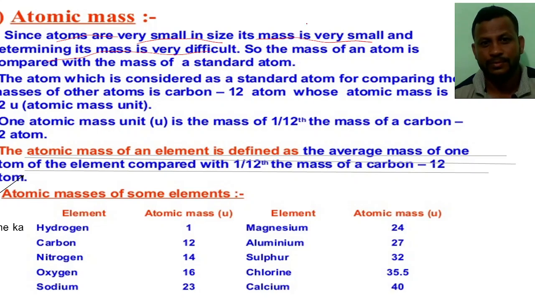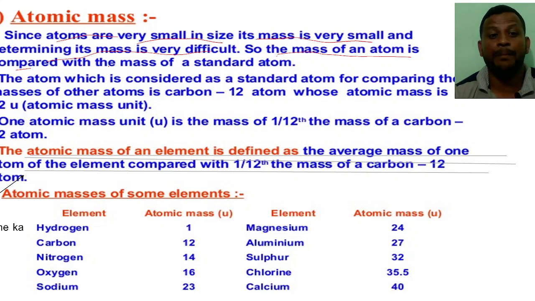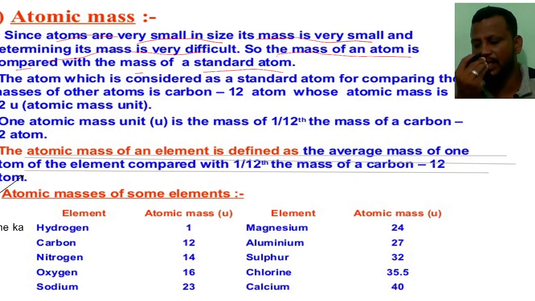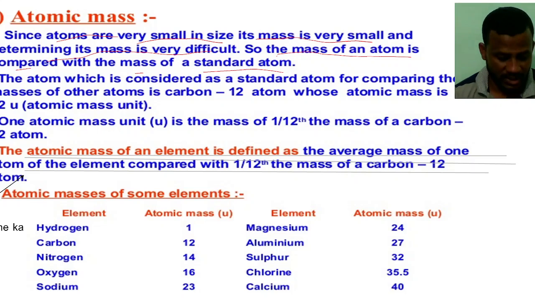So the mass of an atom is compared with the mass of a standard atom. We are going to compare the mass of an atom to the standard atom. Let us see the next point.